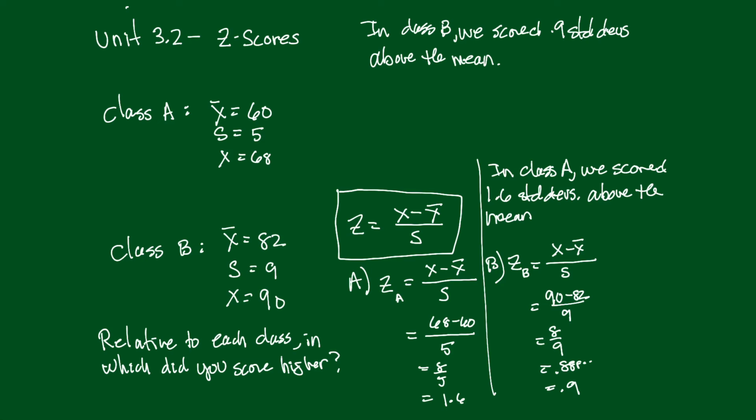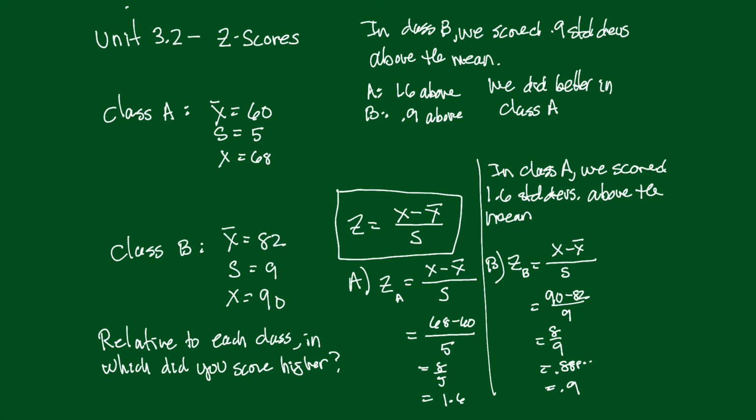So in Class A, we scored 1.6 above the mean. In Class B, we scored only 0.9 above the mean. So in which class did we do better? We did better in Class A because we were higher above the mean.